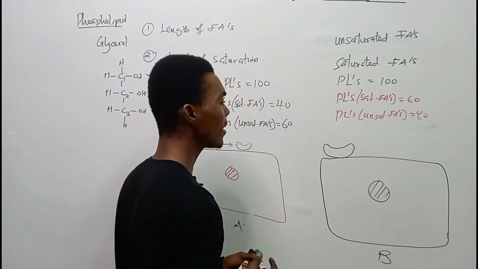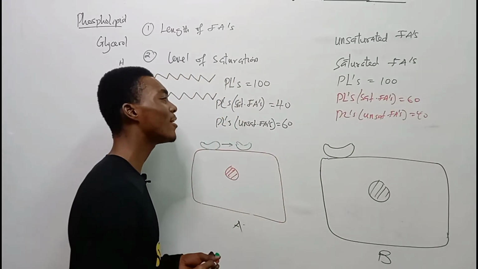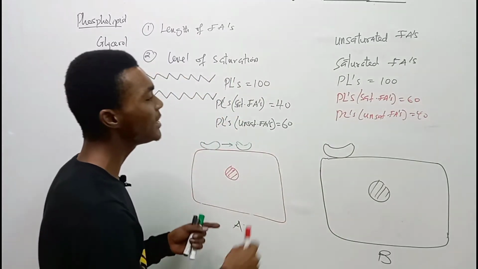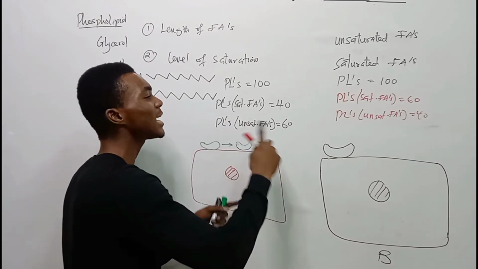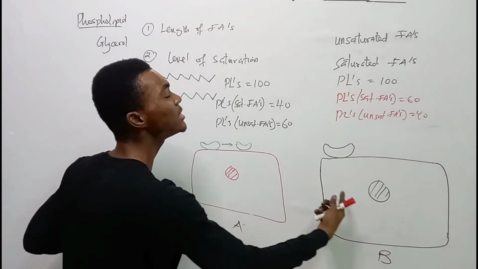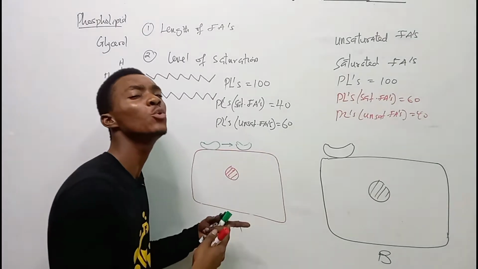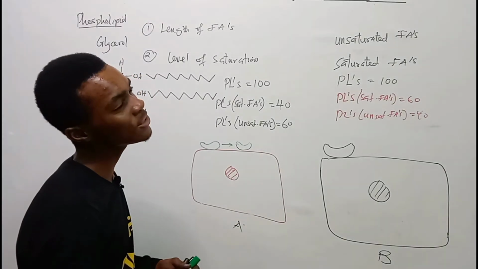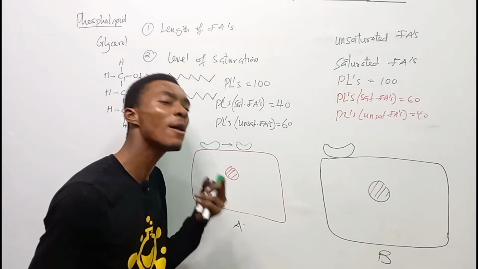Now, the question we ask ourselves is how will the differences in the levels of saturation in our cell type A and cell type B affect the fluidity of the cell membrane? This is where we come back to a rule that you have to bear in mind.